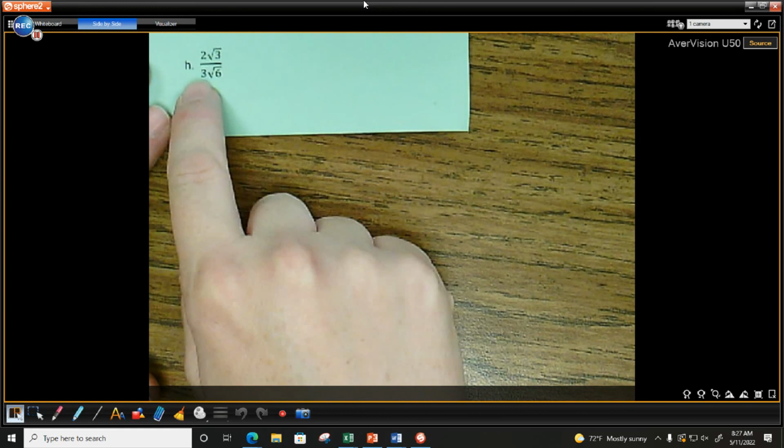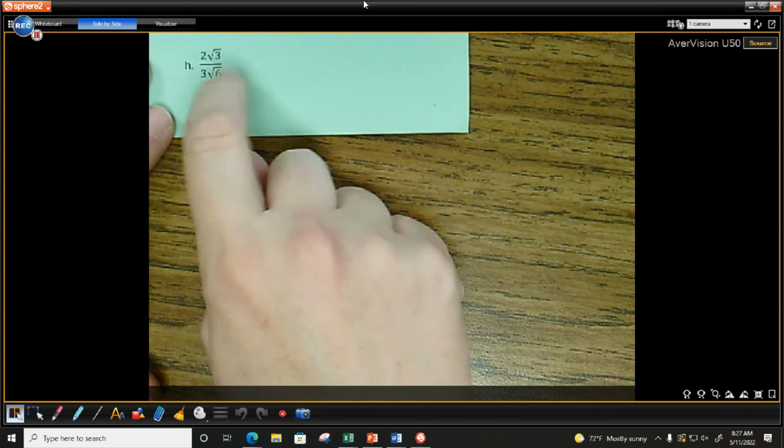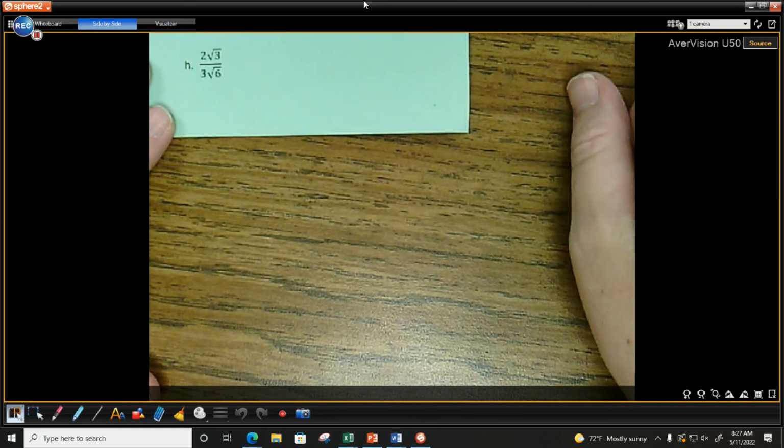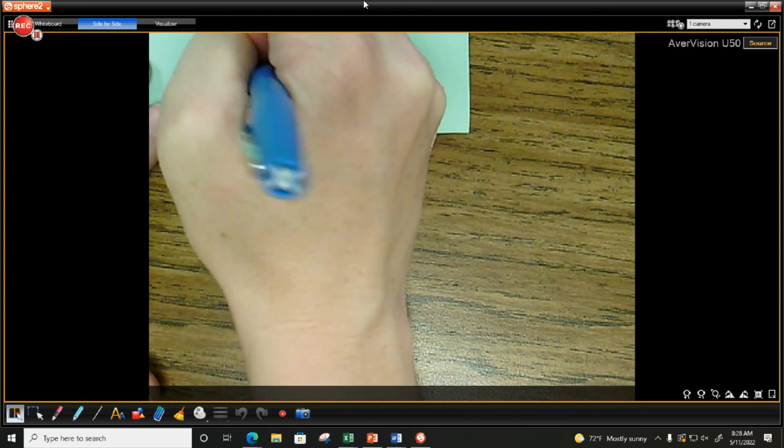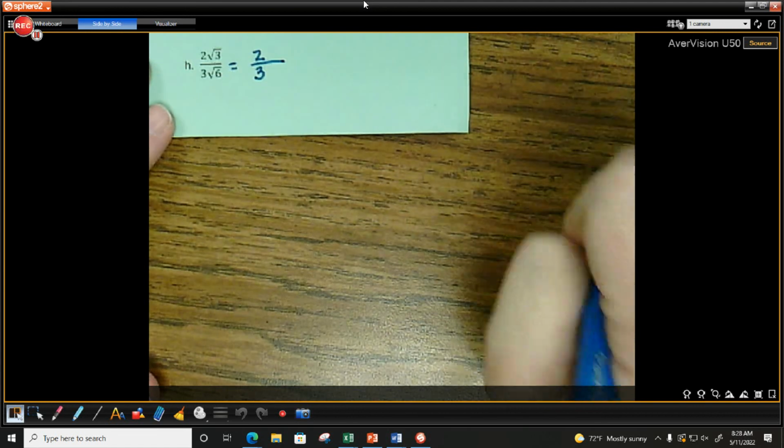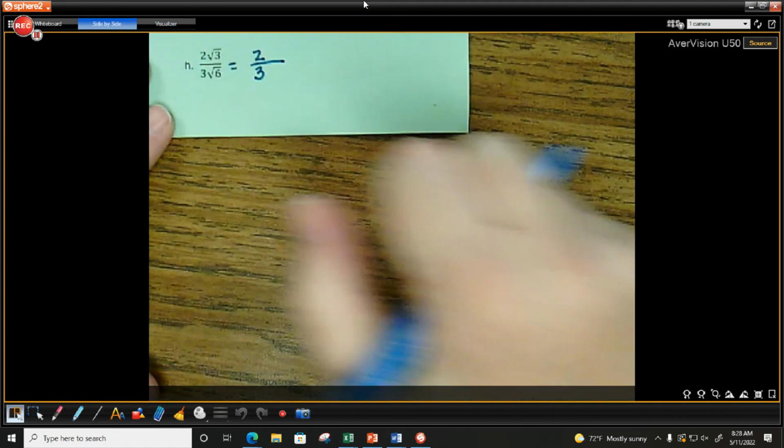Okay. 2 over 3. Does 2 over 3 simplify? Does 3 over 6 simplify? Yes. So I'm going to keep this 2 over 3 because the 2 over 3 does not simplify. What are 3 and 6 both divisible by? So this becomes 1 and this becomes 2.